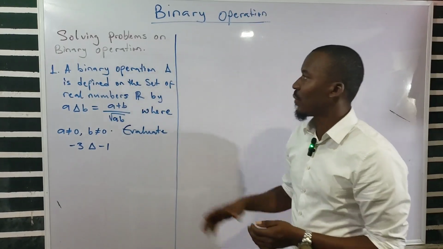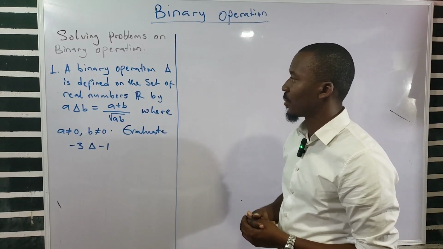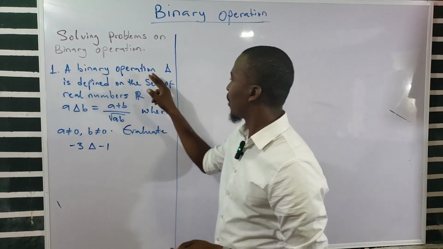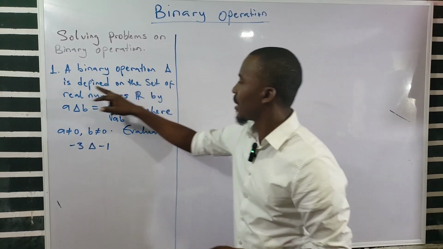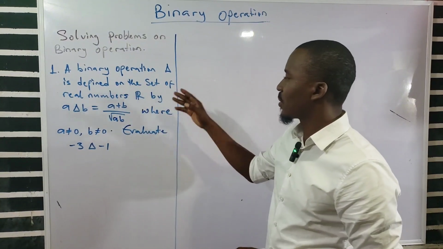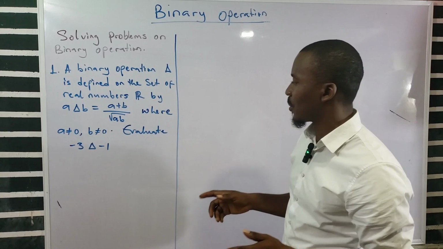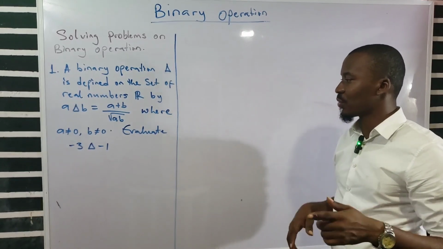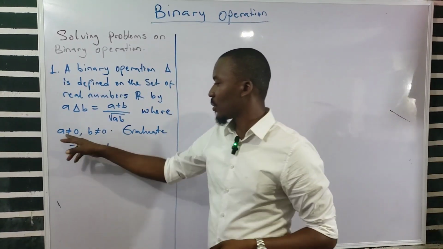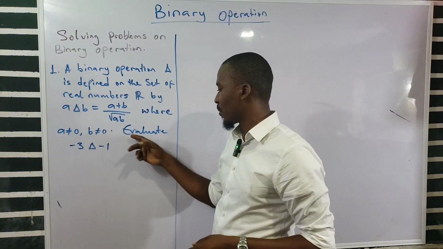Okay, so our first example we are going to solve says that a binary operation, this is the operation, is defined on the set of real numbers by a binary b equals to (a plus b) all over square root of ab, where a not equal to 0, b not equal to 0.